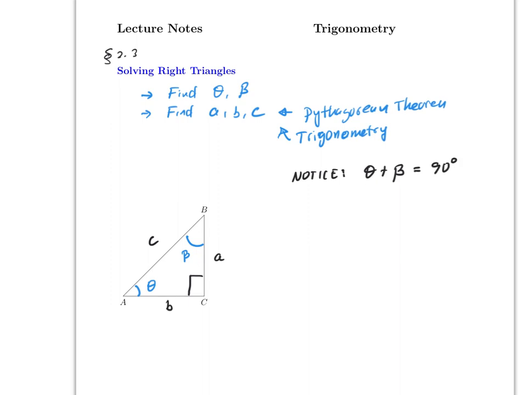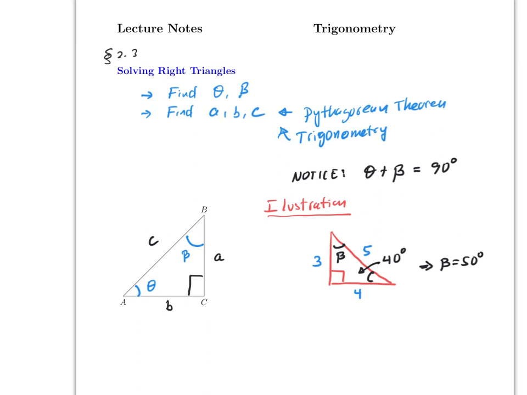So for example, let me do an illustration here. If you have a right triangle, we're only talking about right triangles, and let's say that they give you the sides: 3, 4, and 5. If they tell you that this angle is 40 degrees, and they ask you to find this one, let's say this one is beta, then this automatically implies that beta has to be 50 degrees.